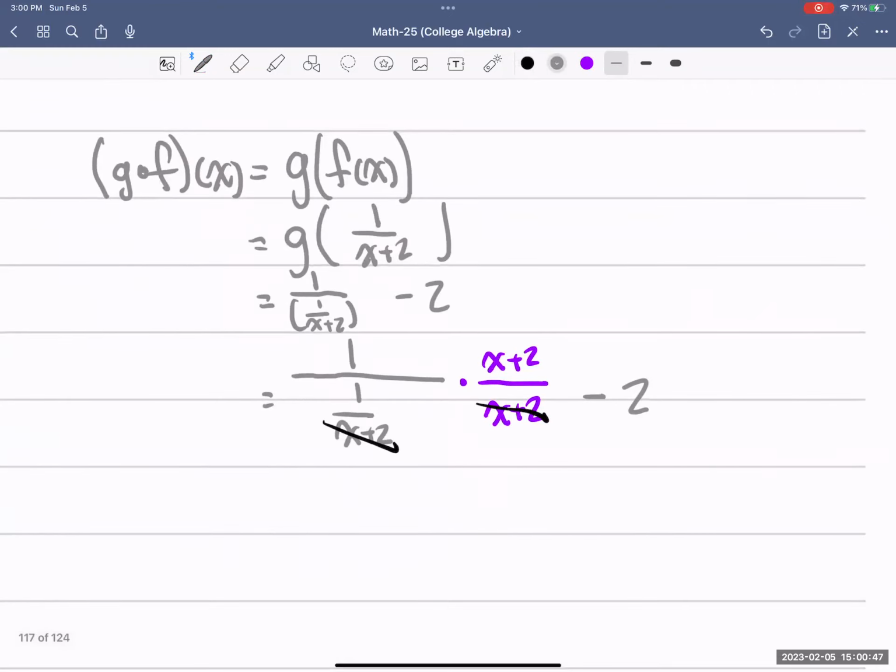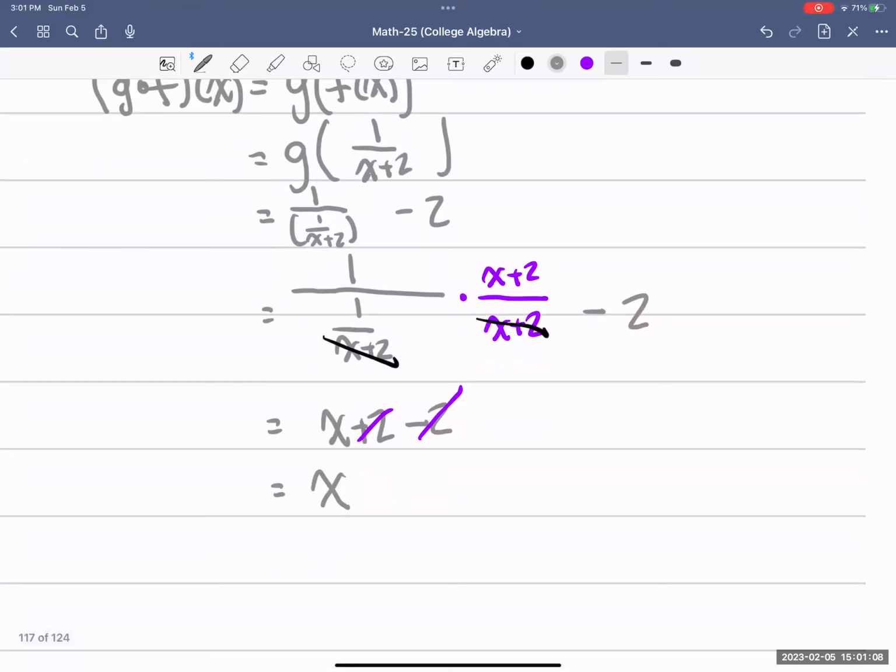So in the numerator of the left part of the equation, we have x plus 2, and we can't forget this minus 2 over here. Plus 2 minus 2 subtract out, and we're left with just x.